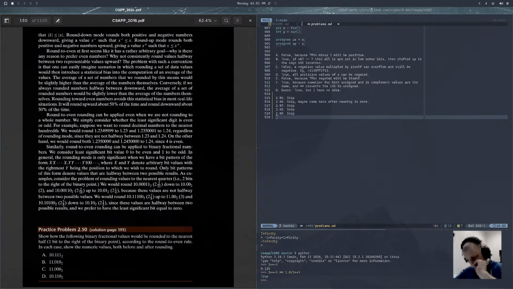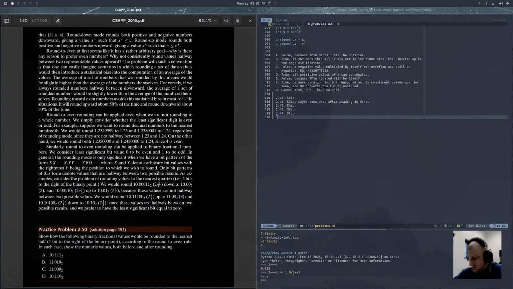Round to even at first seems like a rather arbitrary goal. Why is there any reason to prefer even numbers? Why not consistently round values halfway between two representable values upwards? The problem with such a convention is that we can easily imagine scenarios in which rounding a set of data values would introduce a statistical bias into the computation of an average of the values. The average of a set of numbers rounded this way would be slightly higher than the average of the numbers themselves.